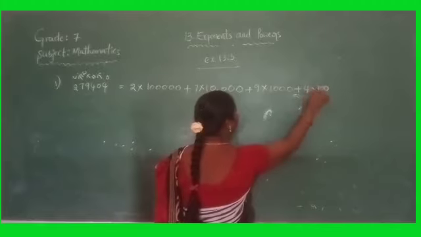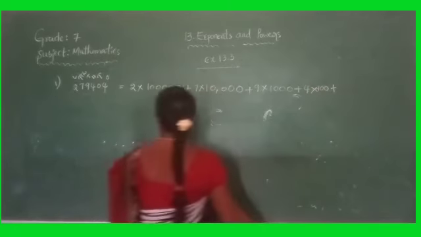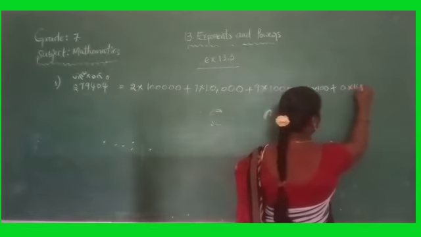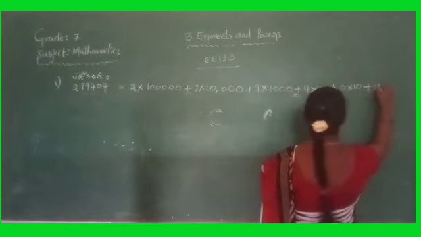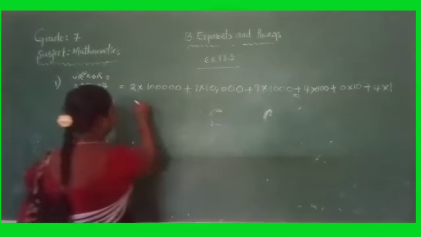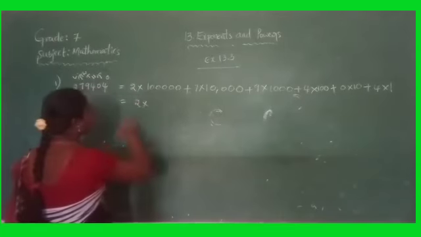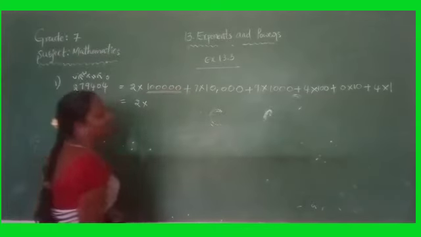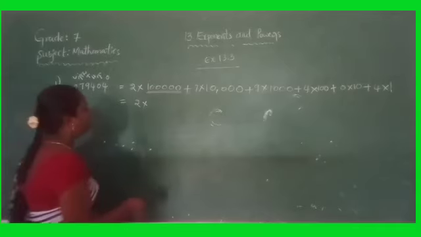And next, the 4 place value is 100, plus 0 in the tens place, that is 0 into 10, plus 4, whose place value is 1. We write this in exponential form. Here 10 is multiplied how many times? 5 times.